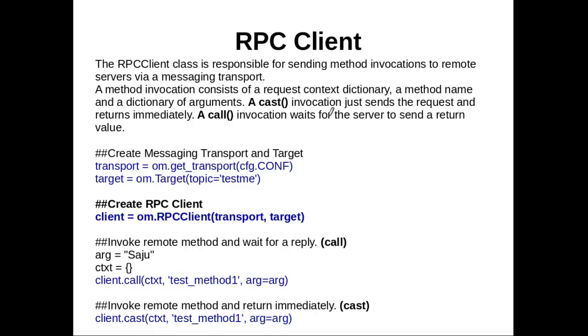A method invocation consists of a request context dictionary, a method name, and a dictionary of arguments. There are two types of invocation, a cast invocation and a call invocation. The cast invocation just sends the request and returns immediately, but the call invocation waits for the server to send a return value.